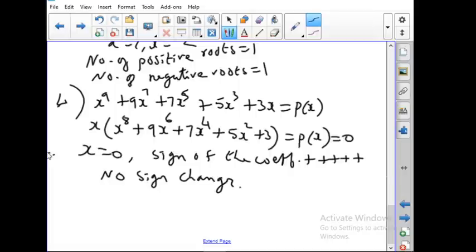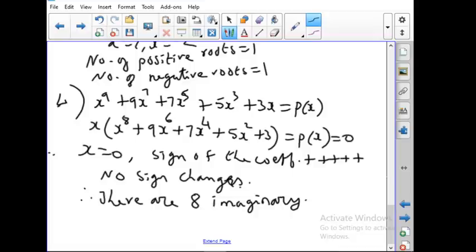So the remaining roots, all the roots are imaginary. Therefore, we have 8 imaginary roots, because the degree is 9 and one of the roots is 0 and no sign changes. Therefore, there are 8 imaginary roots.